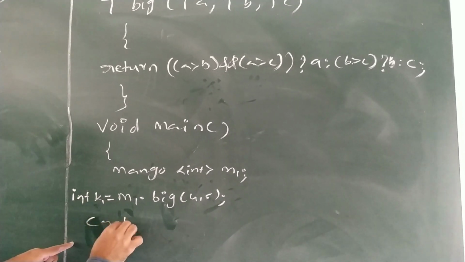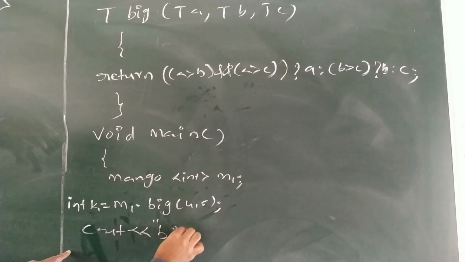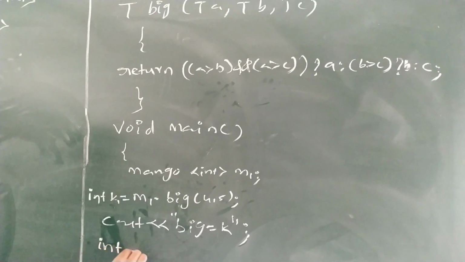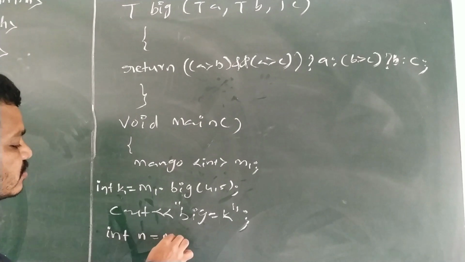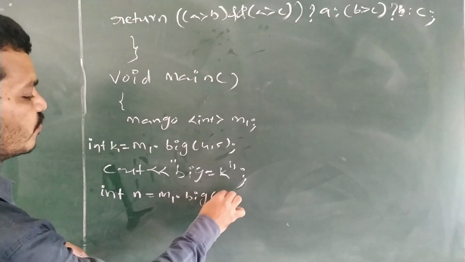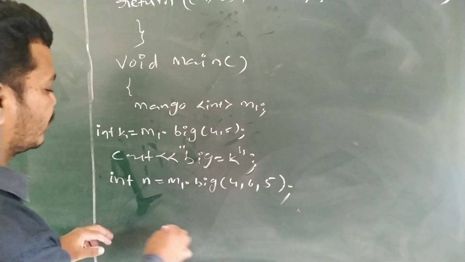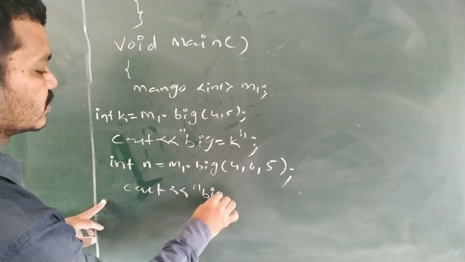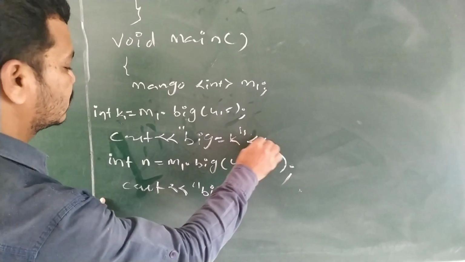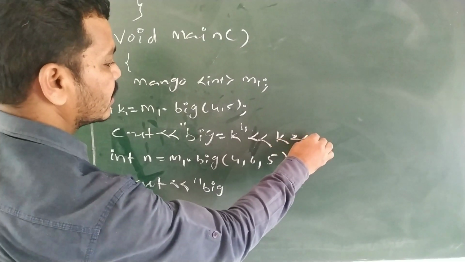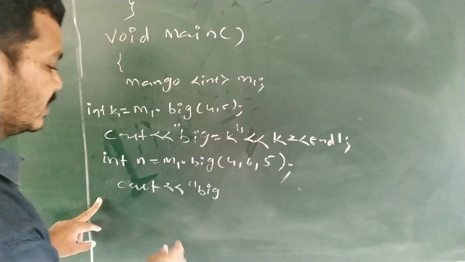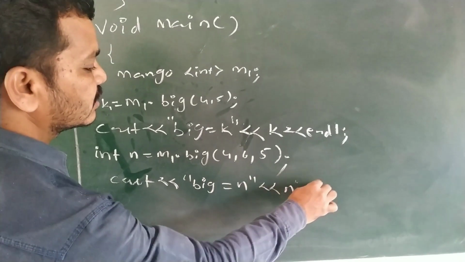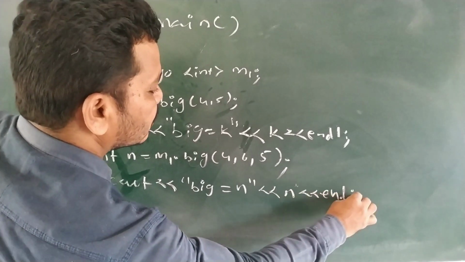So cout big is equal to k. Next, again integer n is equal to m1 dot big of 4 comma 6 comma 5. Then cout big is equal to n, then endl for a new line.